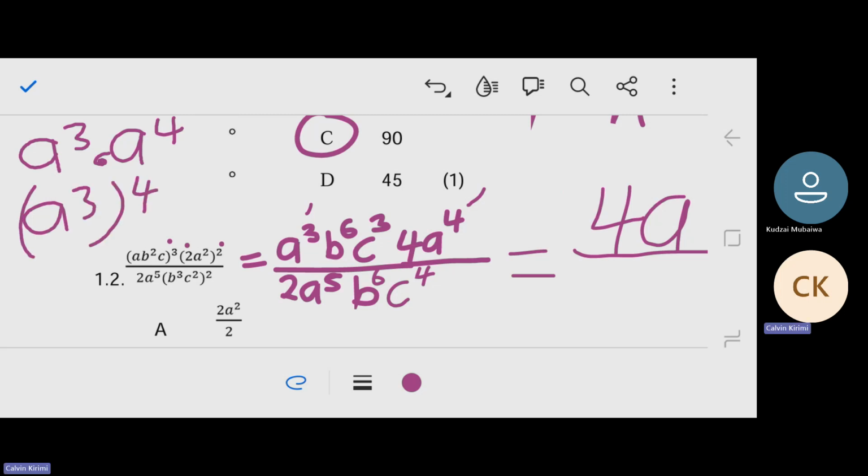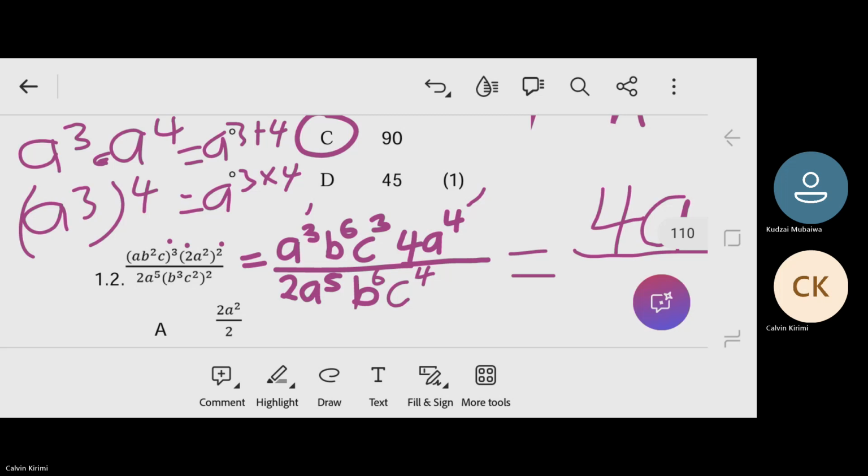Here it's a to the power 3 plus 4. Here it's just a to the power 3 times 4. So you must know the difference. By now, you shouldn't be making careless mistakes.